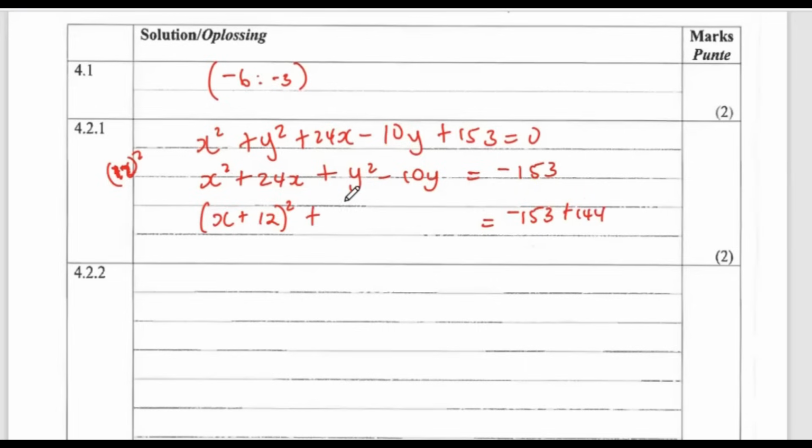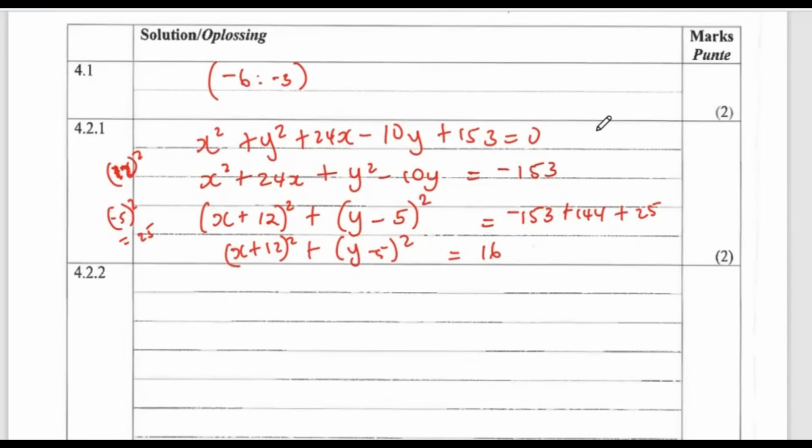And then we do the same thing with the y. The sign is negative. A half of 10 is 5. We know that negative 5 or positive 5 squared must give us 25. So I'm going to plus the 25 inside. And this is going to be x plus 12 squared plus y minus 5 squared is equal to, I simplify my right-hand side, negative 153 plus 144 plus 25, which is 16.